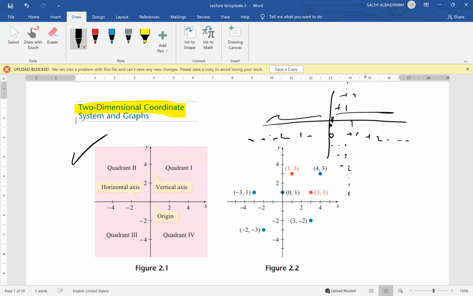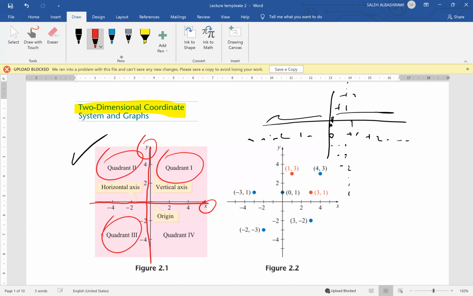So the two-dimensional coordinate system consists of two lines. The horizontal one we call the x-axis, and the vertical one we call the y-axis. This coordinate system is divided into 4 regions, or quadrants. The first one we call the first quadrant, quadrant number 1, then the second quadrant, third quadrant, and fourth quadrant.